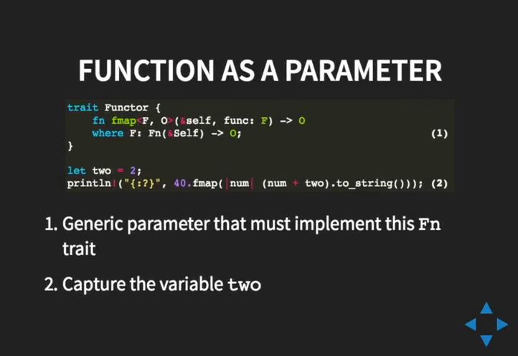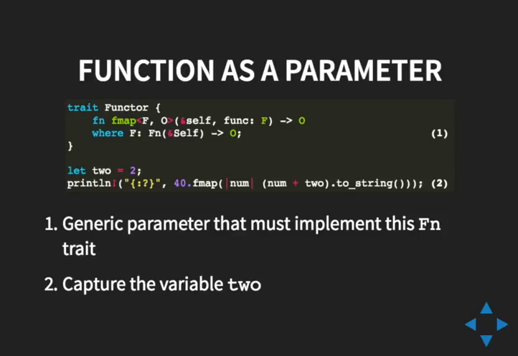So in functional programming languages, we like to pass functions to other functions. So let's see how we can do that in Rust. Here we declare a Functor trait with a method called fmap because we made the same mistakes as in Haskell. And we have a func parameter which is of type F, which is a generic parameter.